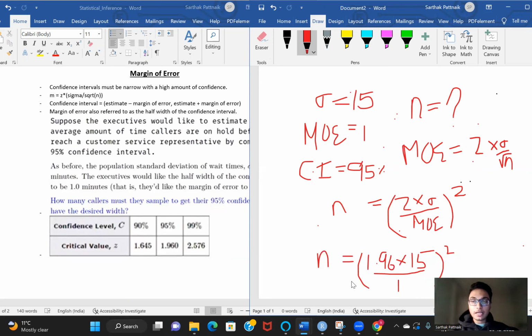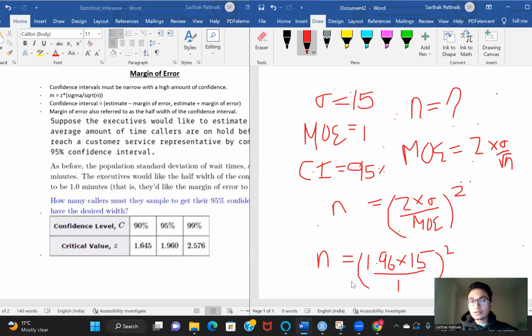We'll end this session with a small note. You all might be thinking, do I need to memorize the Z values for all the different types of confidence intervals? The answer to that question is no, you don't have to. Just for this question, we have this table and we are utilizing it.